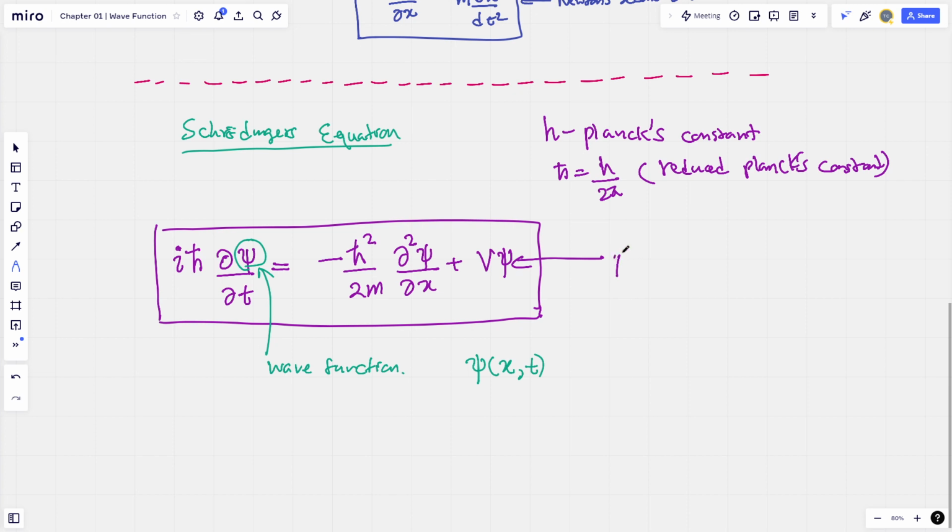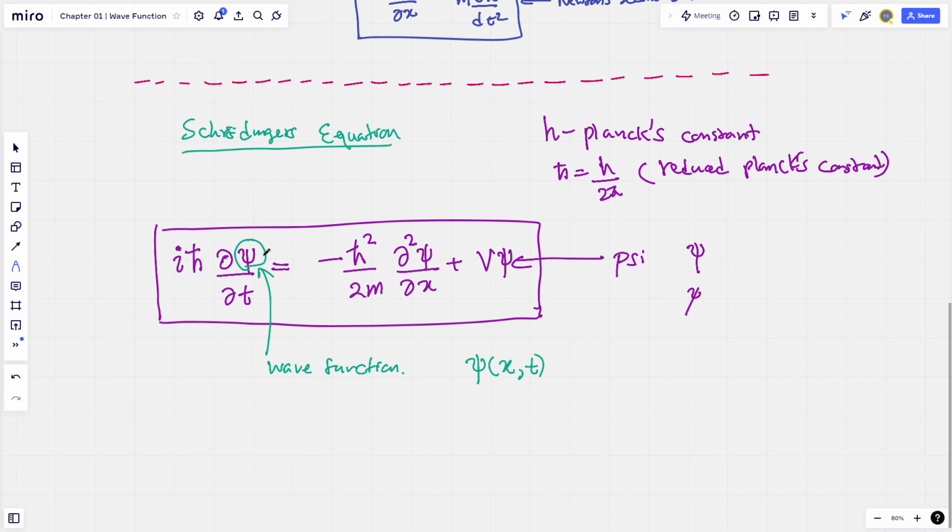I'm going to write capital psi as this and simple psi as this, to distinguish between both. These two have different meanings in quantum mechanics. This is the wave function, and this is the time-independent wave function or something like that.